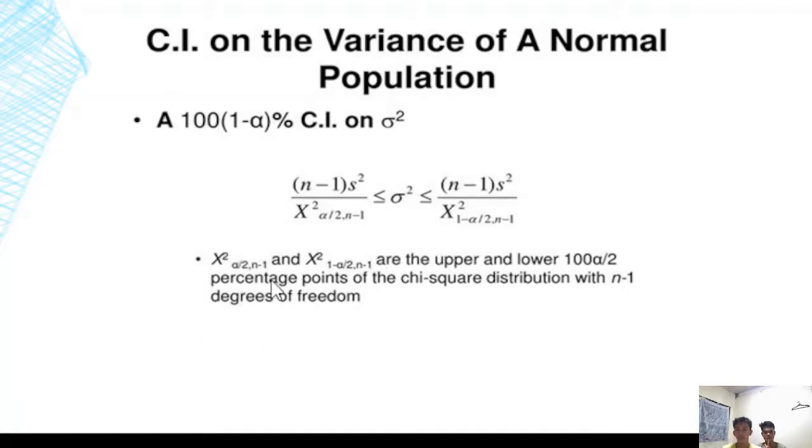Chi-square sub alpha over 2 comma n minus 1 and chi-square sub 1 minus alpha over 2 comma n minus 1 are the upper and lower 100 alpha over 2 percentage points of the chi-square distribution with n minus 1 degrees of freedom.